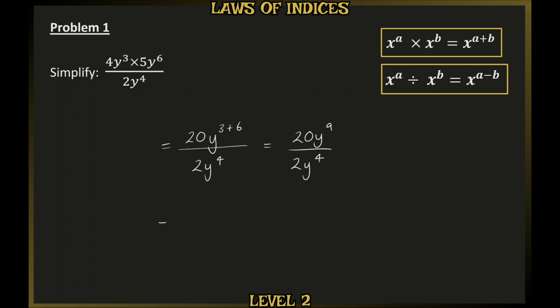So starting with 20 divided by 2, we have 10. Y to the power of 9 divided by y to the power of 4 is y to the power of 9 minus 4 using our law. And since 9 minus 4 is 5, our final answer to problem 1 is 10y to the power of 5.